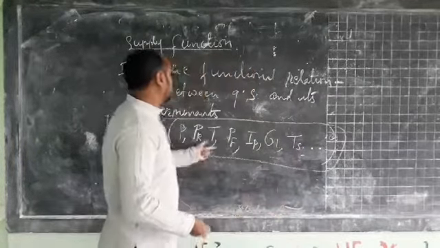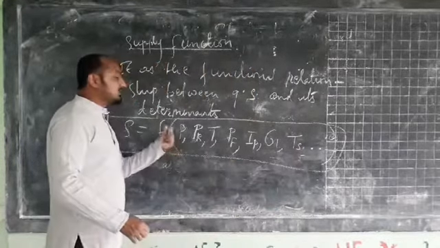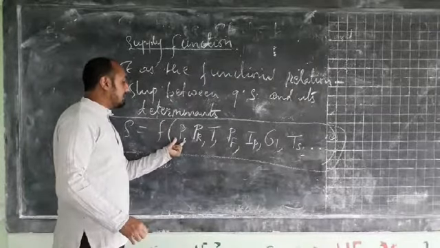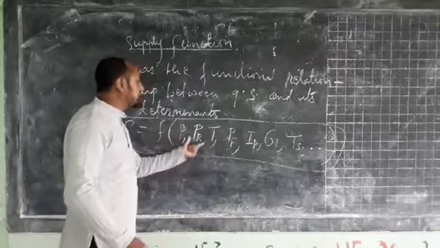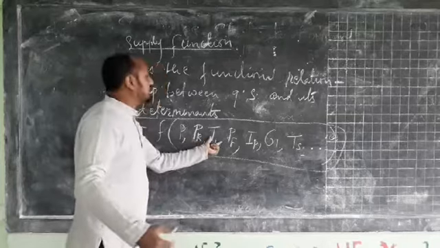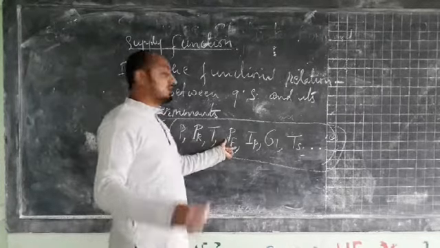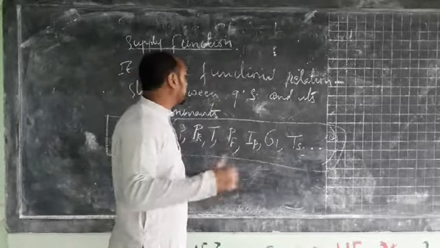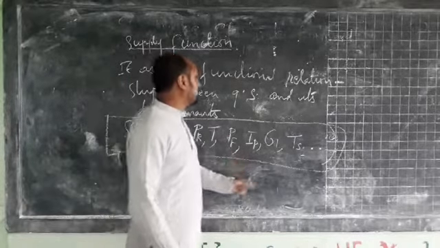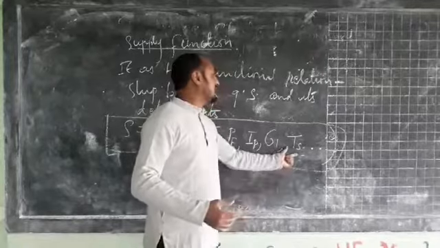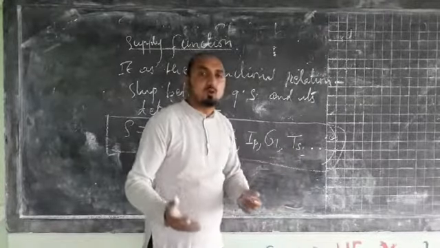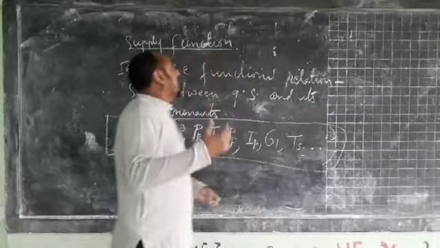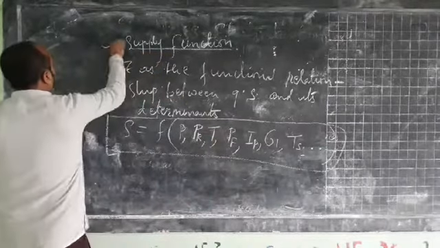So you can consider the determinants and whatever the symbol we are using, like P is represented for price of the commodity, PR is price of related goods, T is for technology, PF is the factors price or cost of factors of production, IP input prices, G is the goal of the producers, T is taxation policy of the government and so on. So this is the case of this supply function.